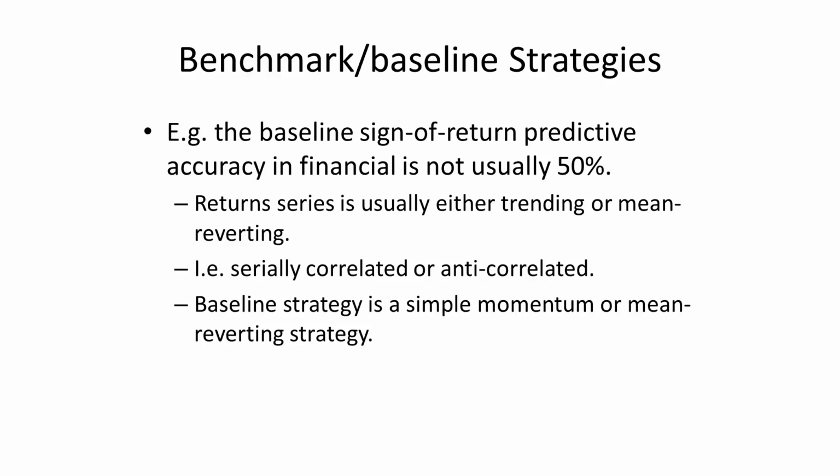As long as I can predict the sign of the return better than 50%, this model is good, right? Because 50% is obviously random. You just flip a coin. You can predict the sign of return at 50% accuracy. So as long as you beat that, wouldn't you be happy about your machine learning model?